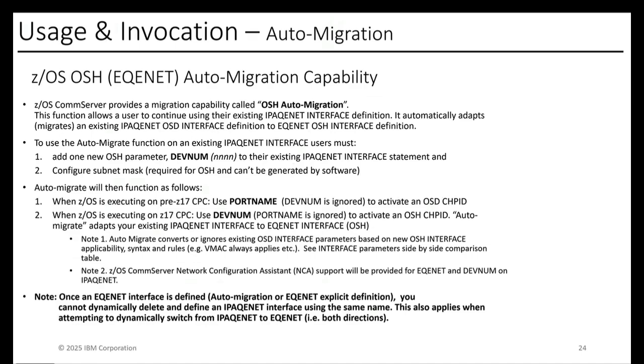This is just a rule that's always been there, but that we're pointing at. So if you do the auto migration, it's kind of a one-way street that it goes into that world. If you had to dynamically build another one, you'd have to change the name and most likely routing to go with it. And vice versa. So if you're attempting to switch from IPQENet to EQENet or vice versa, this is just the rule as it is today.